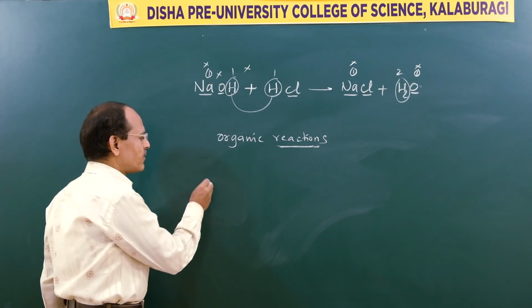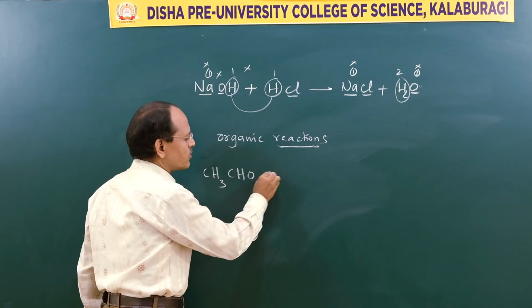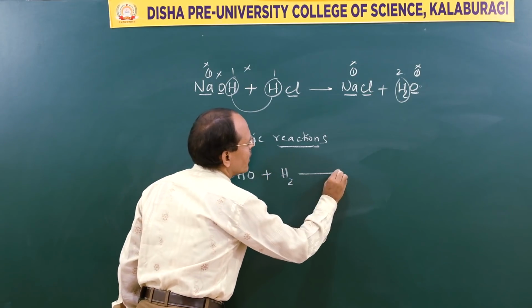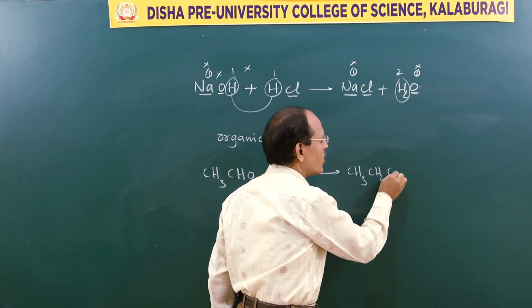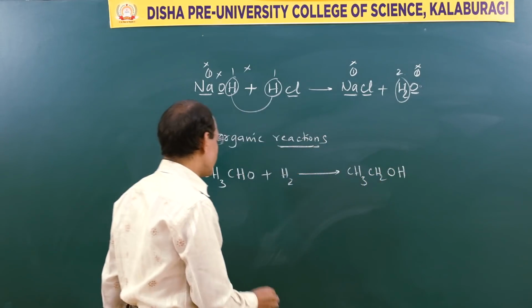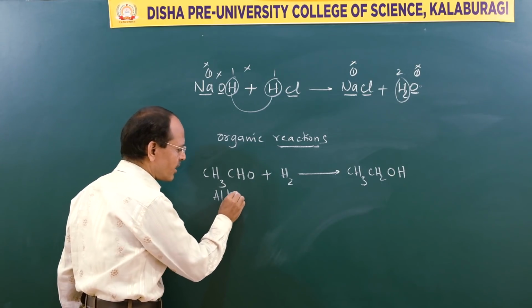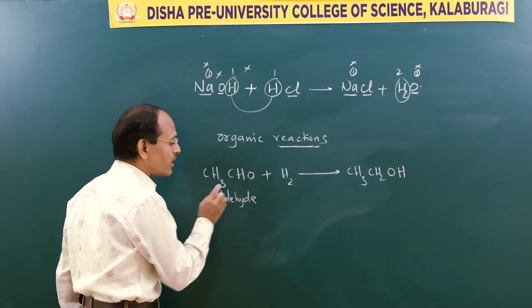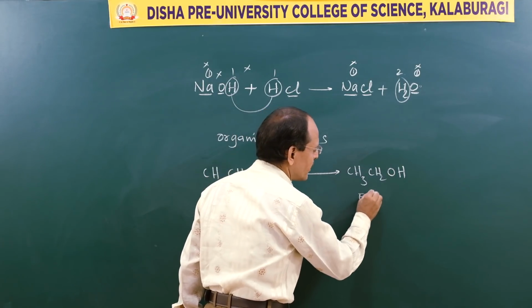One such example I will quote here: CH3CHO plus H2 give rise to CH3CH2OH. That is an aldehyde, actually acetaldehyde. Later on you will come to know. Acetaldehyde on reduction gives ethanol.